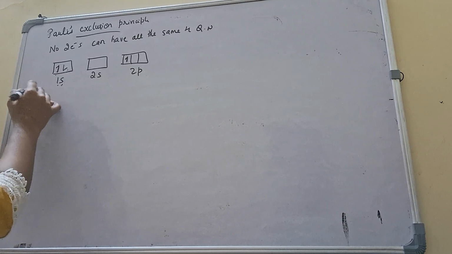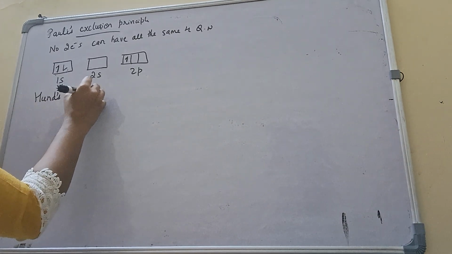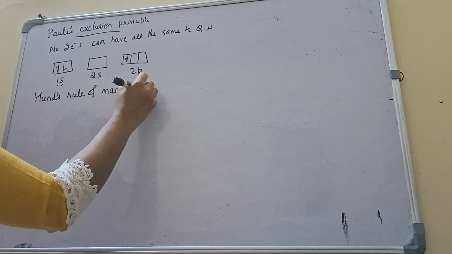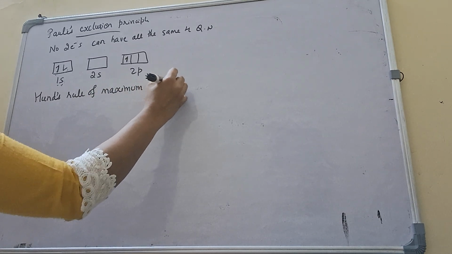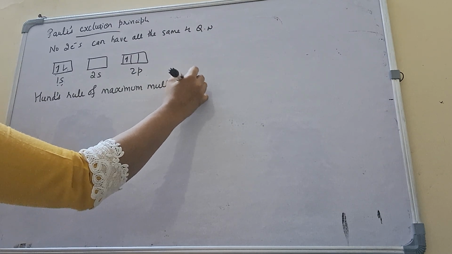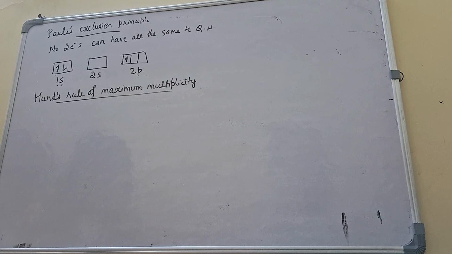The next rule is Hund's rule of maximum multiplicity. What is this rule telling you? It is just like swings in a park. Imagine there are 3 swings in a park and each swing can accommodate 2 people.